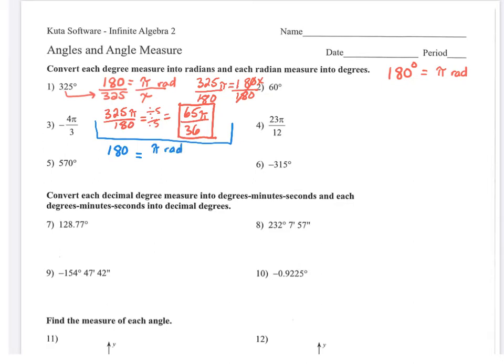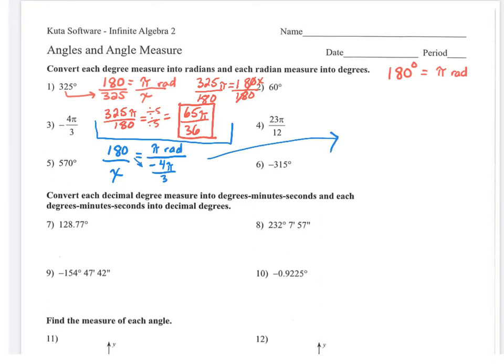Now this is in radians, so I'm going to put this below the pi sign: negative 4 pi over 3. We want to solve this for x here. Obviously, you might need a separate sheet of paper for this. We're going to do the same thing.